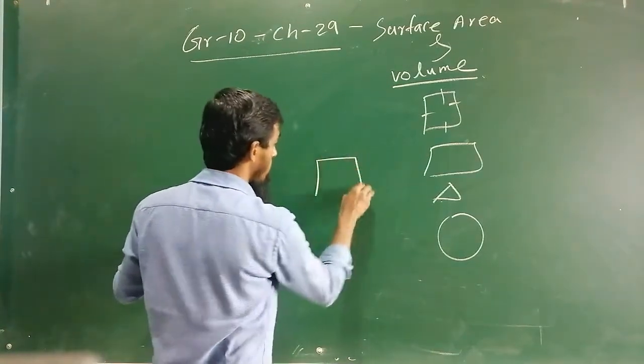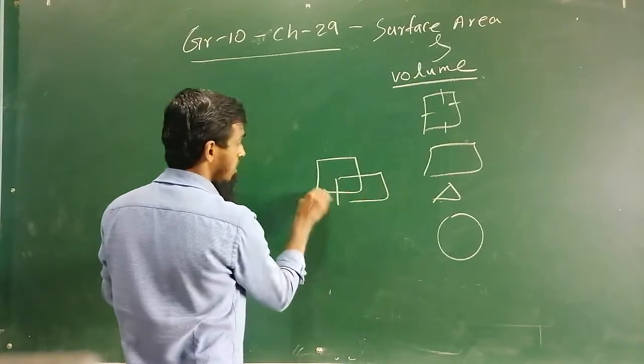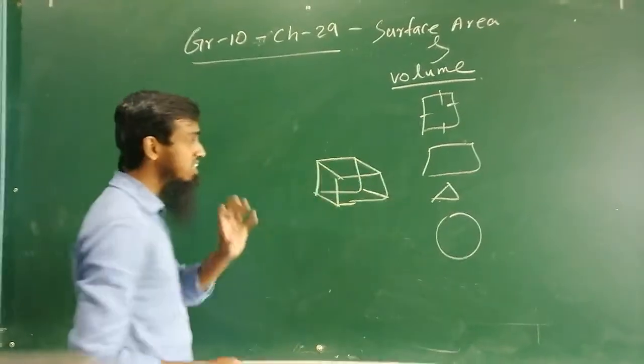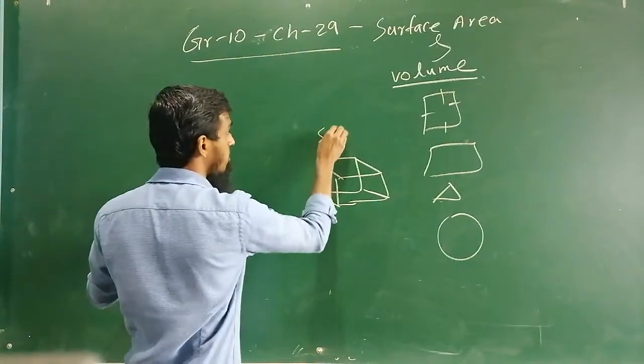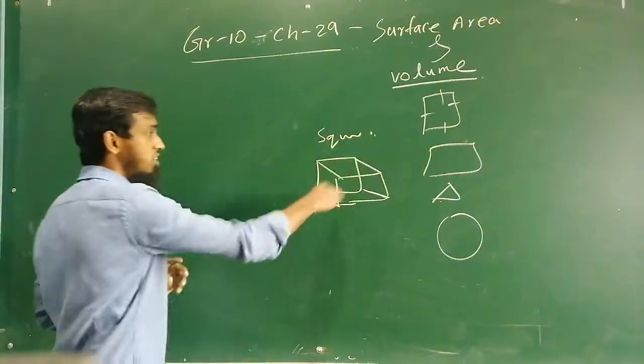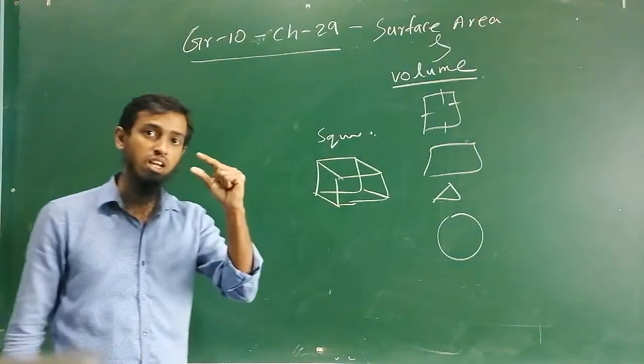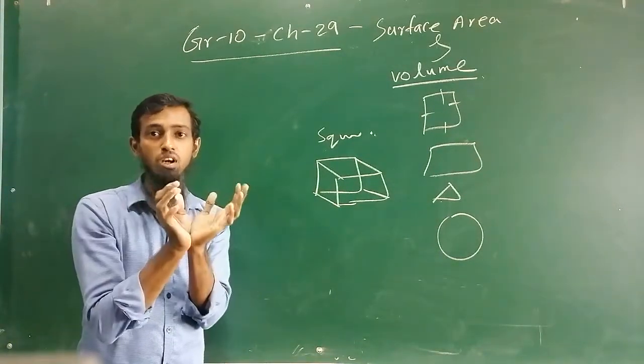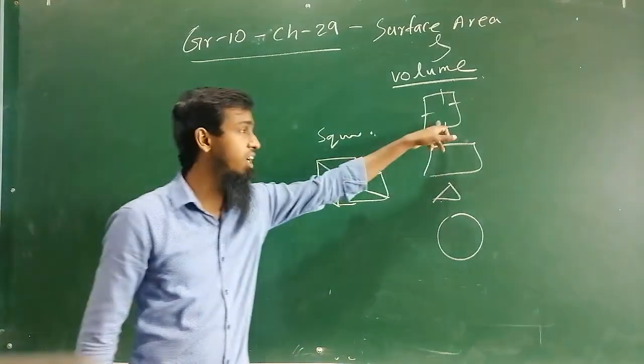It consists of 6 square faces. So a dice, a cube, is a solid shape, but the primary shape of this solid is the square.